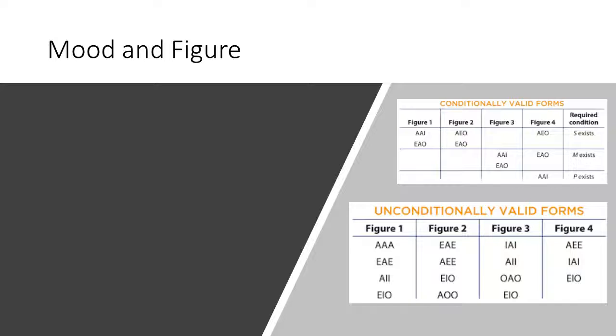So this is the required condition. In the next few lectures, we'll return to that. But for now, figuring out the mood and figure, we can use this to make generalizations about other arguments, maybe arguments that we haven't seen yet. If I know that some argument of mood and figure AAA1 is valid, then I know that all argument forms with that mood and figure are valid.